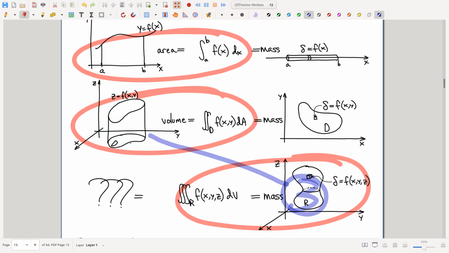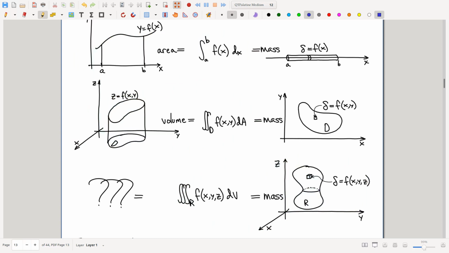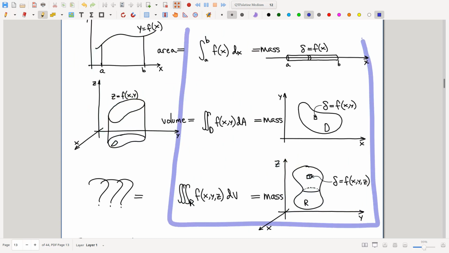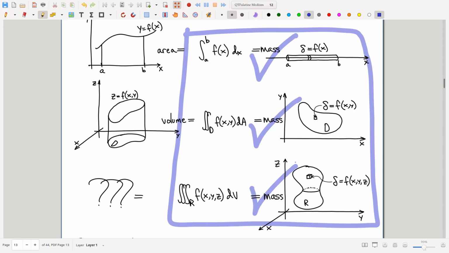I'm out of time anyway, so let me just make my last bid. I strongly urge that you persuade yourself toward this point of view of single variable integrals, this point of view of double integrals, so that you can have a consistent analogy, fair comparisons, apples to apples, to help you understand triple integrals.